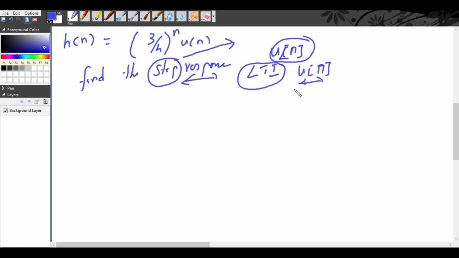Unit step input LTI സിസ്റ്റത്തിന് കൊടുക്കുമ്പോൾ കിട്ടുന്ന ഔട്ട്പുട്ട് എന്ന് പറയുന്നത് you call it as a step response.